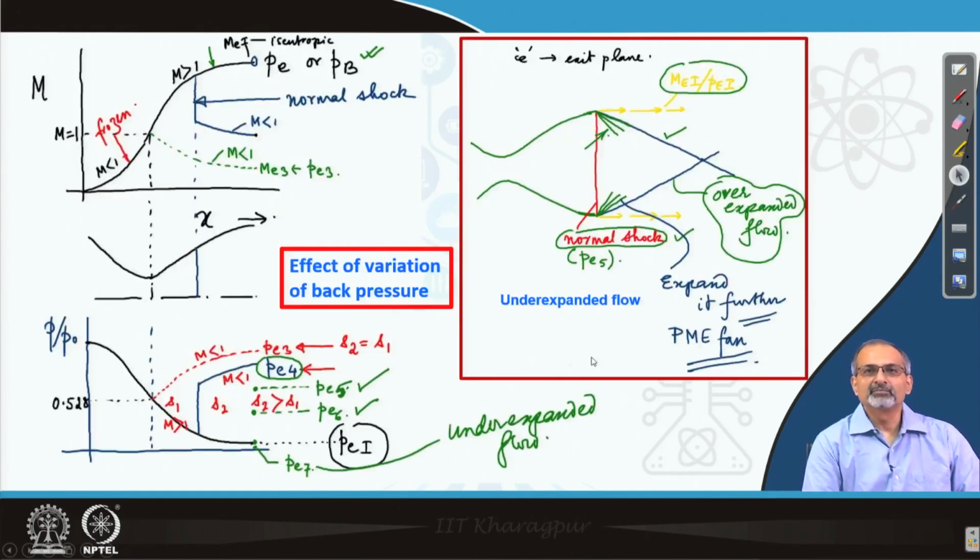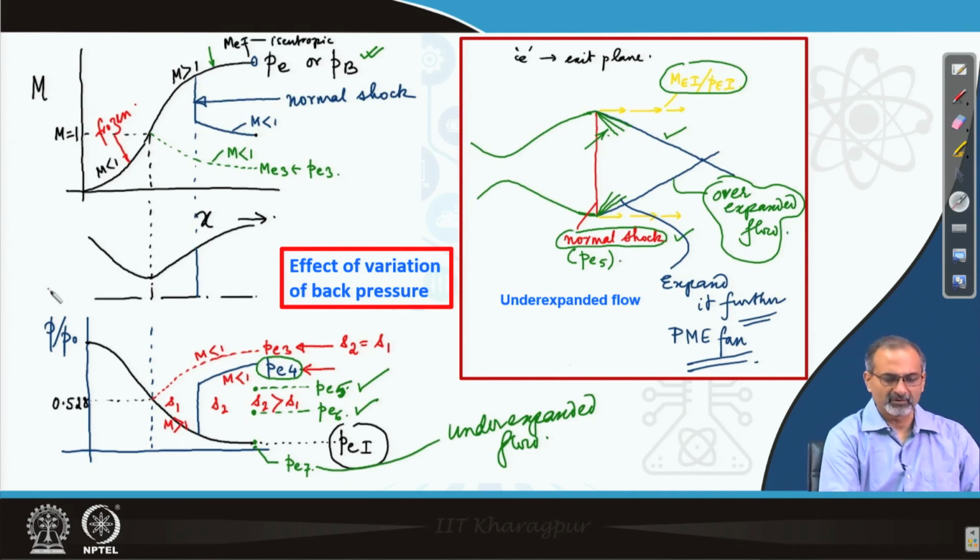Let's move on to some sketches which are self-explanatory, where we see the variation of Mach number and the variation of pressure in the form of a ratio, the static pressure at a certain location of the CD nozzle with respect to the stagnation pressure, and the local Mach number, and so on.